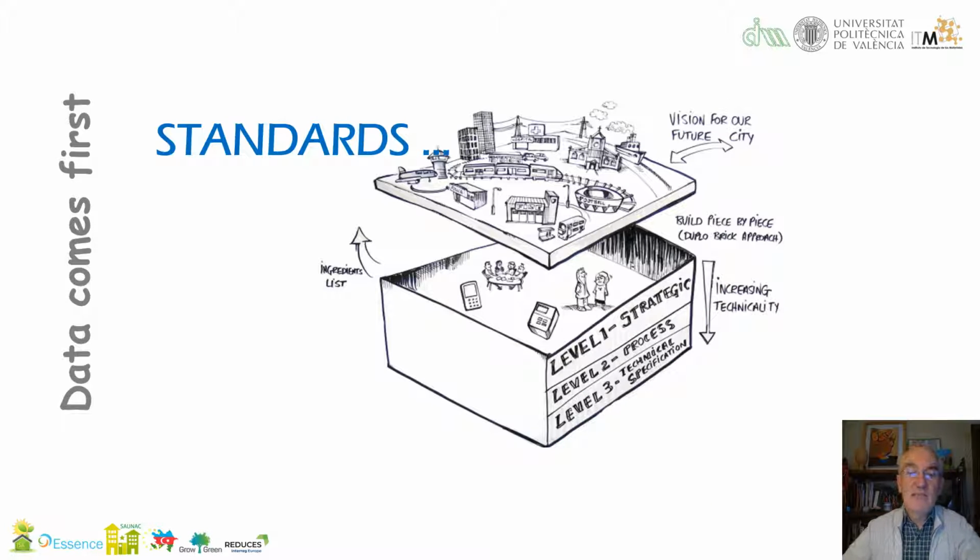So let's begin with the standards. The standards are applied at different levels. First, as a technical specification for gathering data. Second, as a process for merging data and for elaborating all the data into aggregate information that can be handled for the first level, which is the strategic decision making.